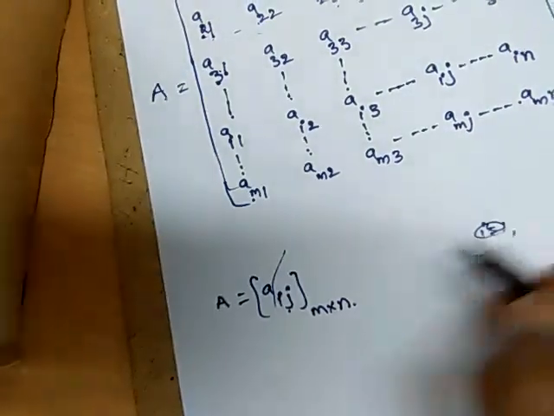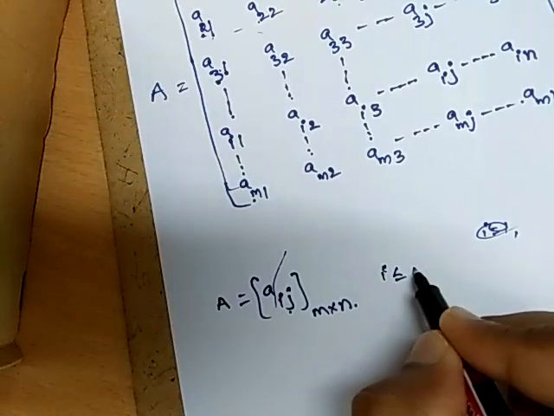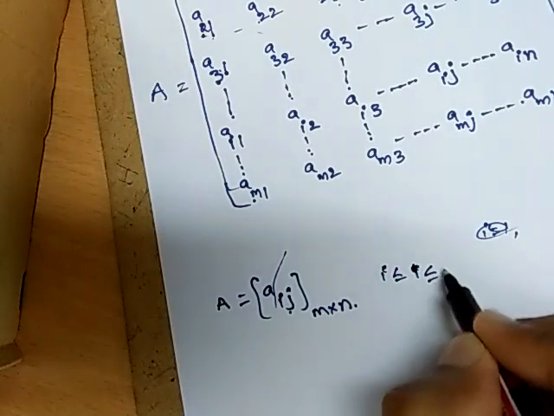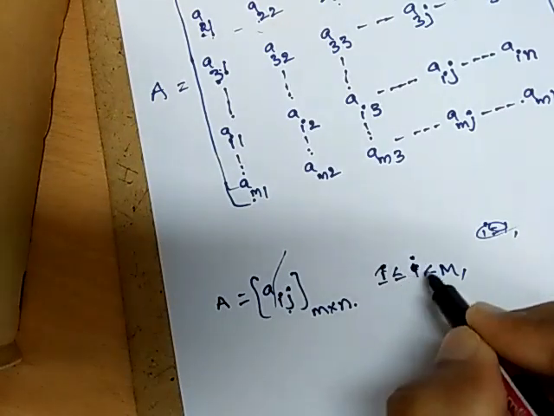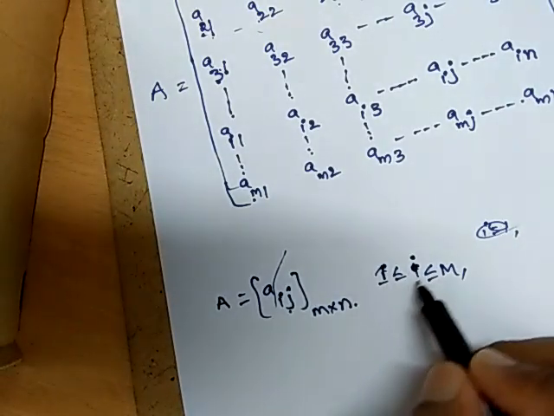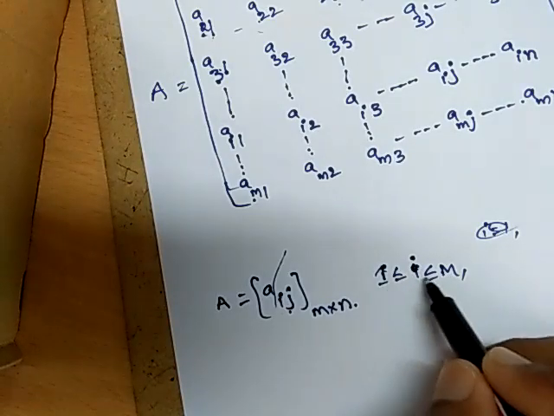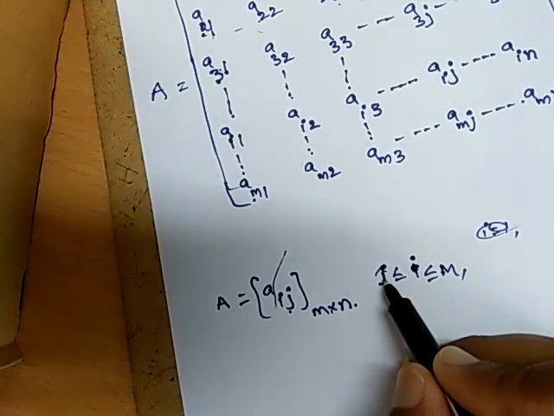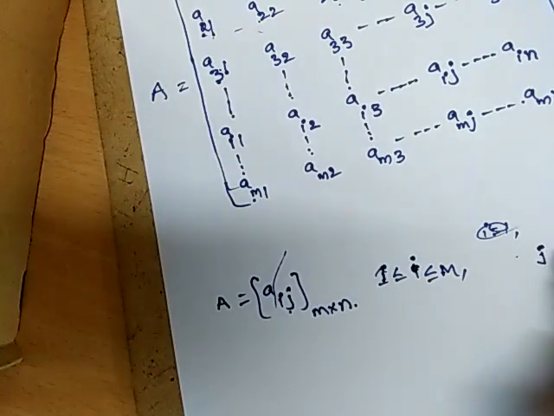Here the condition is i is less than or equal to m and greater than or equal to 1, and j is similarly less than or equal to n and greater than or equal to 1.